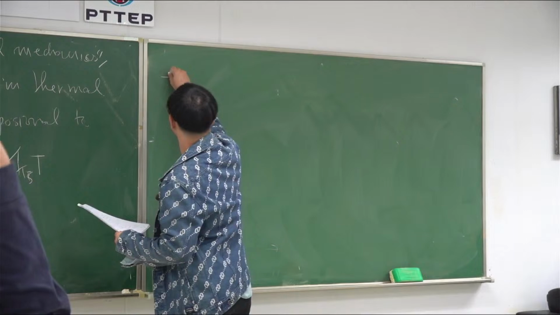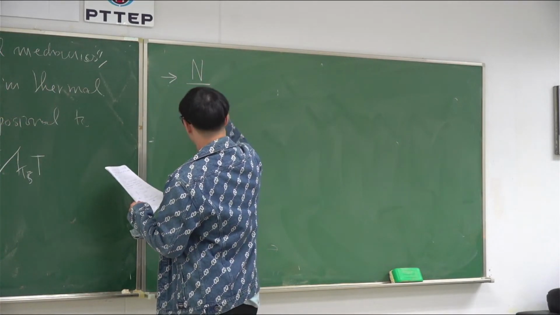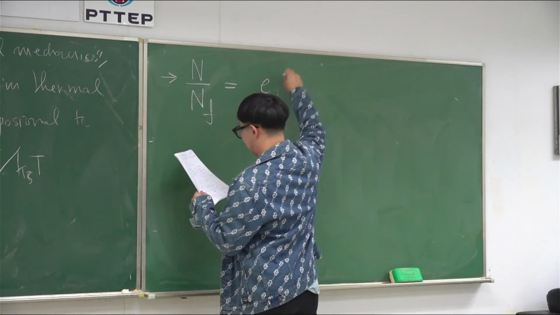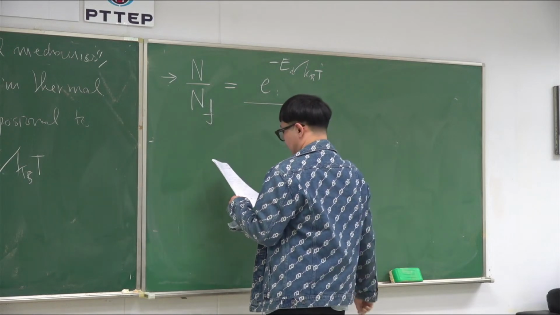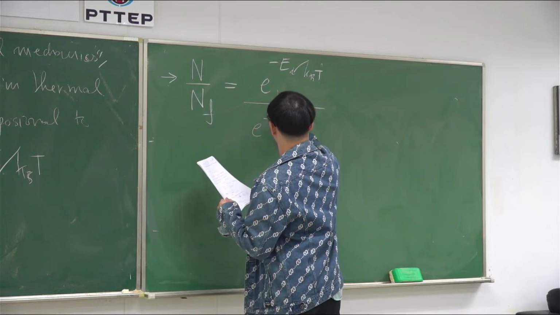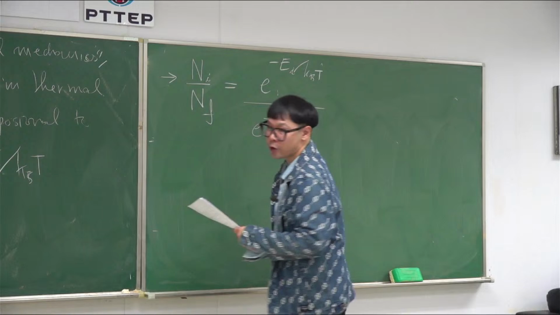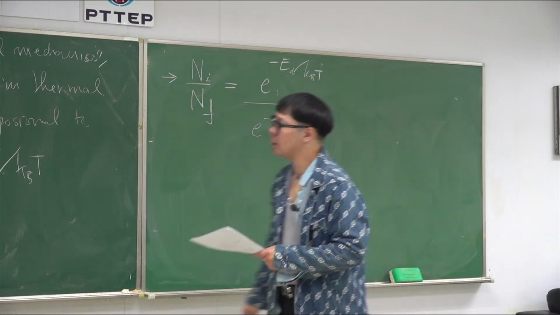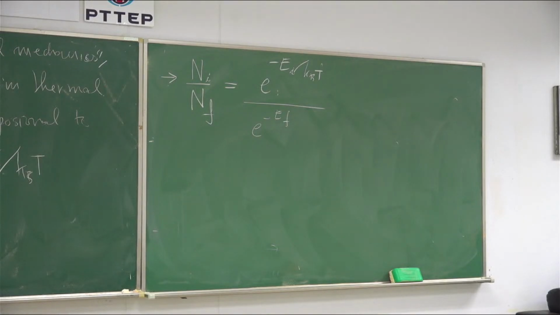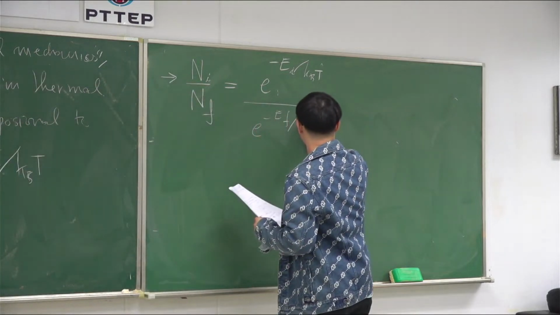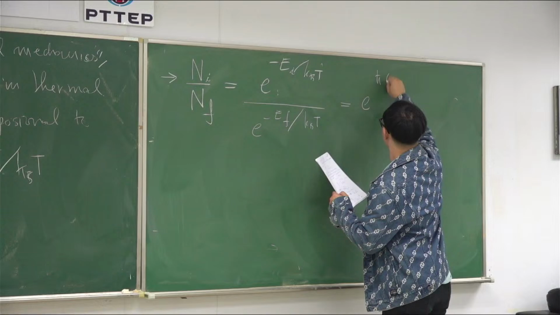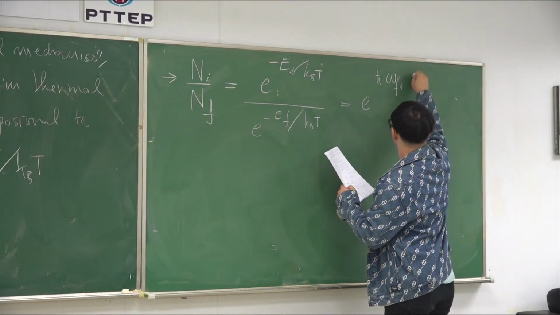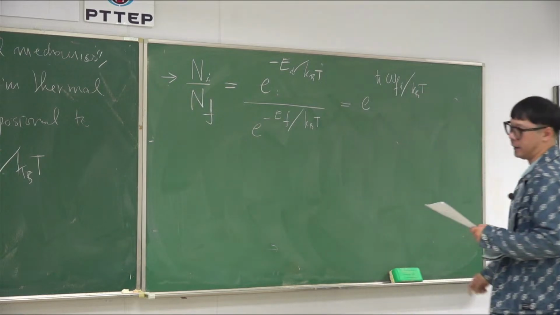Then it's not difficult to see that the ratio between the number of particles in the lower state and the upper state can be expressed in this way, which is this one, right?